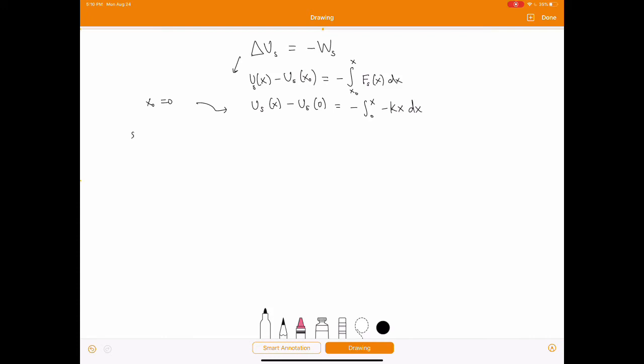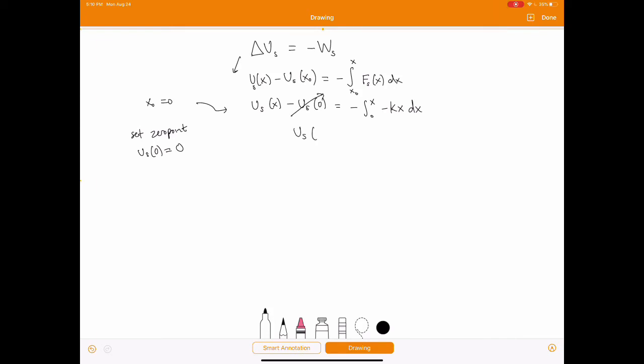Next, we'll set the 0 point to be x equals 0, meaning, again, the spring potential energy, when you plug in 0, is going to be 0. So I can cancel that guy out.